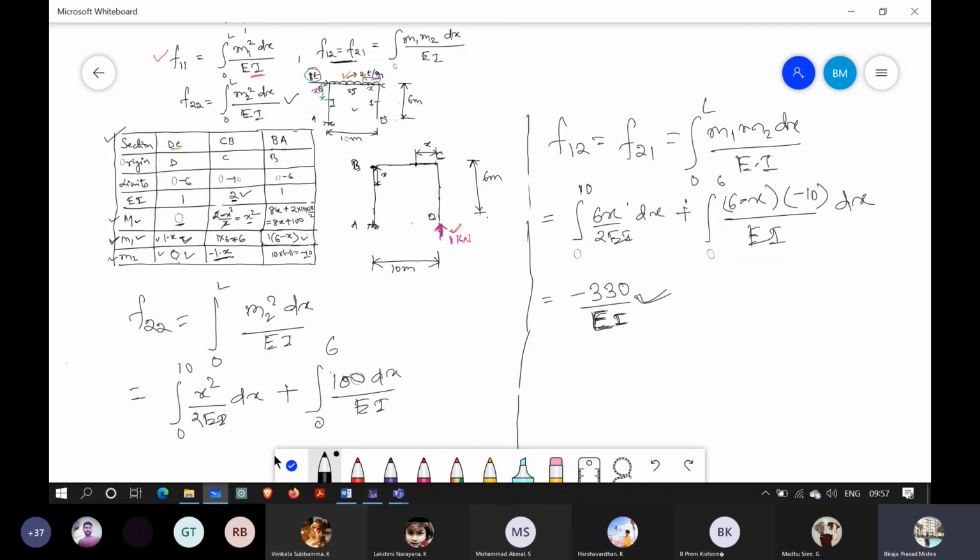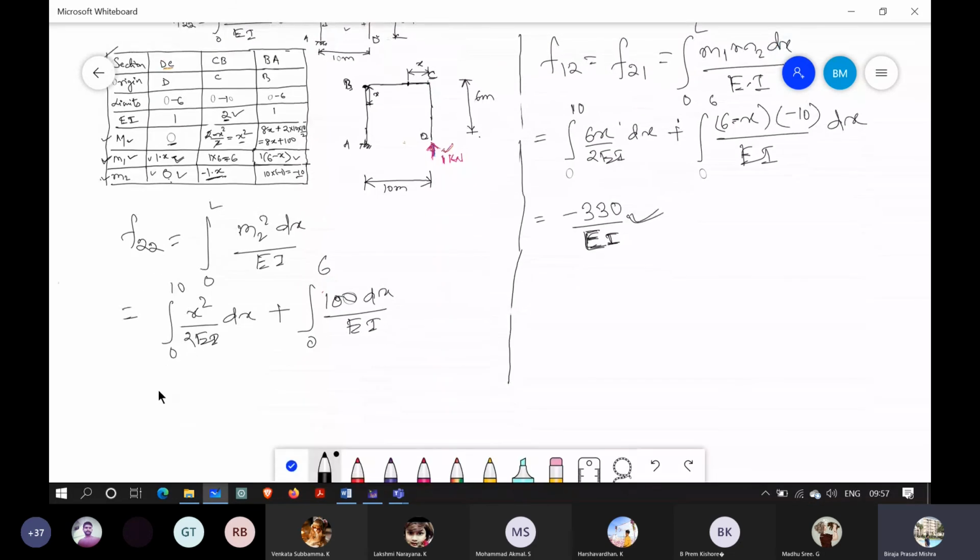If you integrate this one, then the final value will be 766.67 divided by EI.